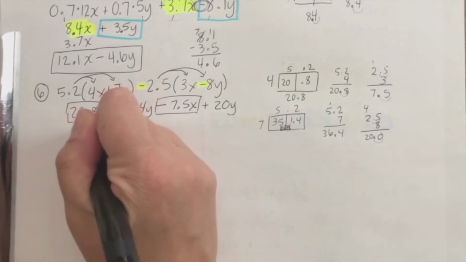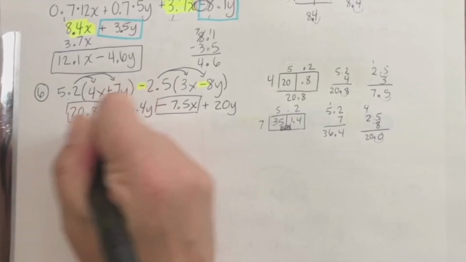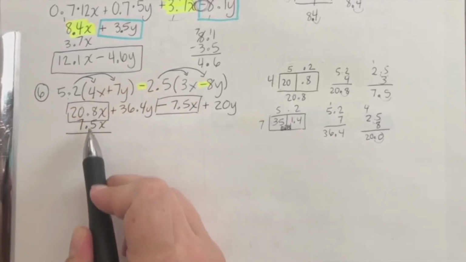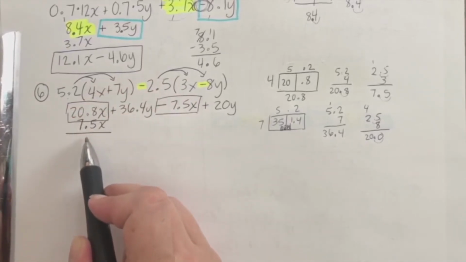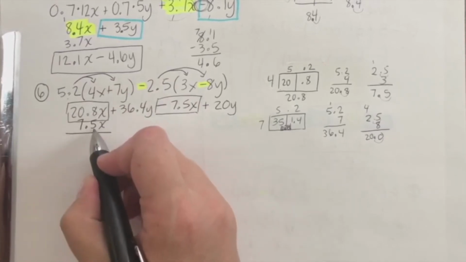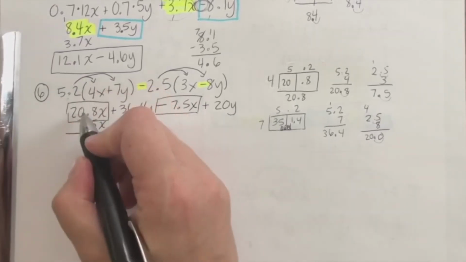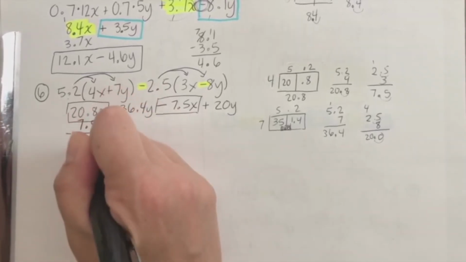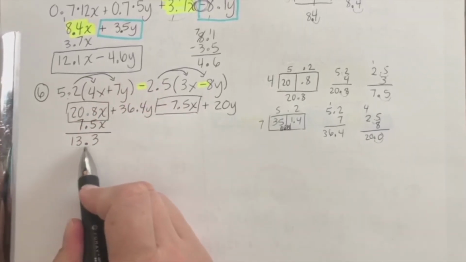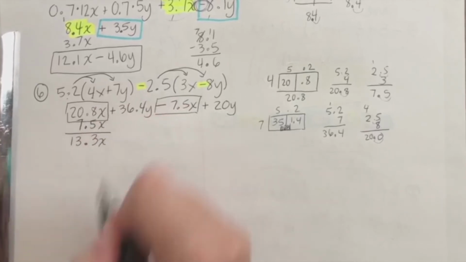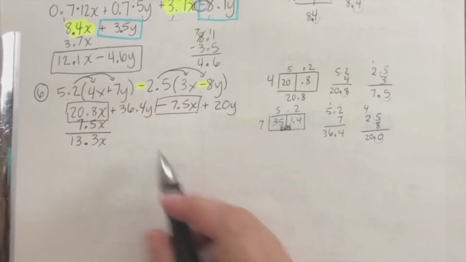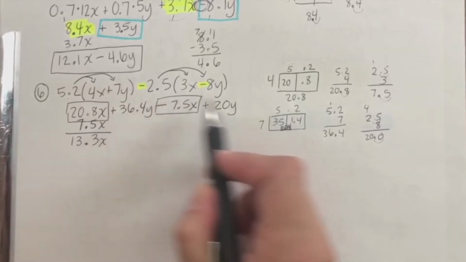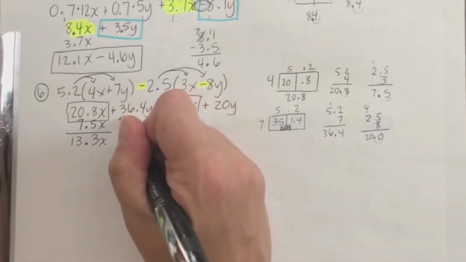So we'll just actually line that up, 7.5x. When we're adding or subtracting, we line up the decimals. 8 minus 5 is 3. And then 20 minus 7 is 13. Put the decimal in. So we have 13.3 x's. Now the y's, 36.4 y's plus 20 y's.